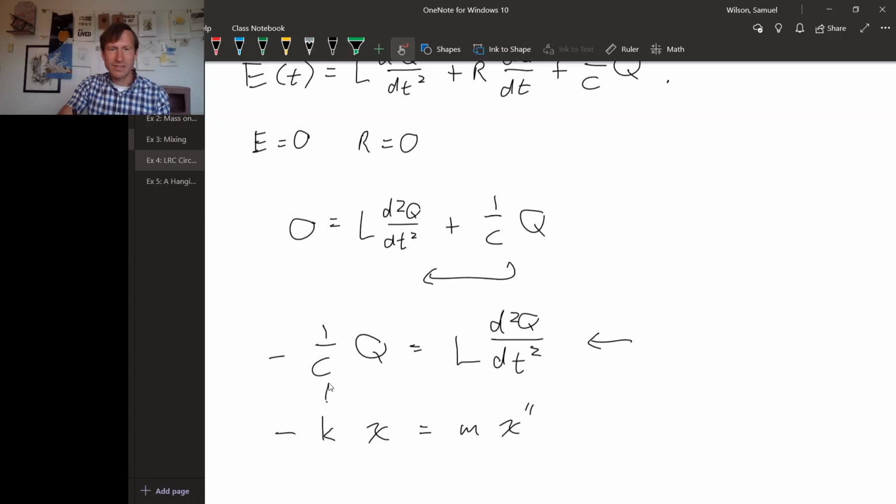K, which describes the strength of the spring in the mass spring situation, corresponds to 1 over the capacitance, and the mass in the spring situation corresponds to the inductance of the circuit. So that's sort of an interesting surprise. This is one nice thing about differential equations. They can help you realize that systems that look very different sometimes have similar behavior because they have the same differential equation.